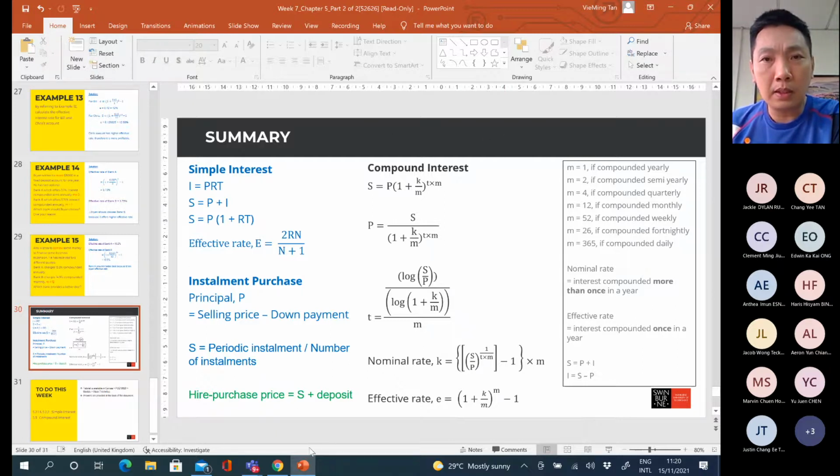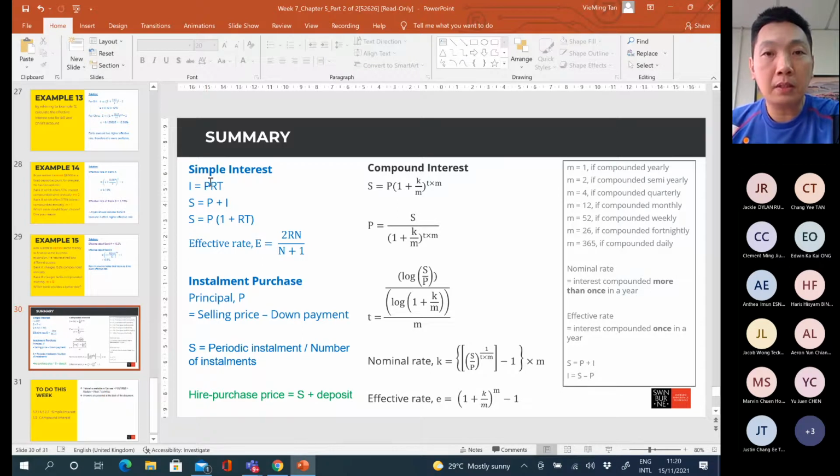On the first column, I list down all the formulas related to simple interest calculation. Simple interest is based on the principal calculation, and the accumulated interest is not able to help the investor earn any interest in the future.